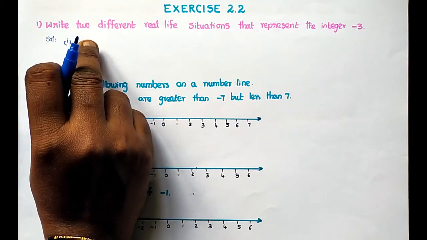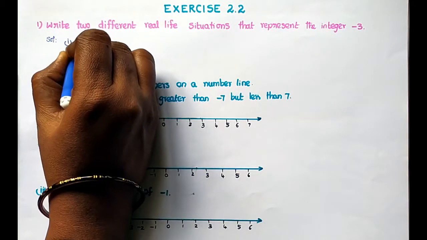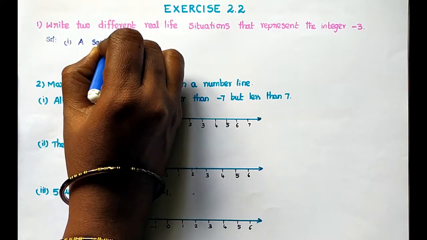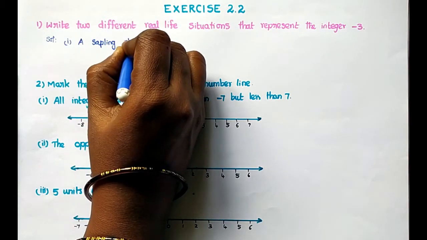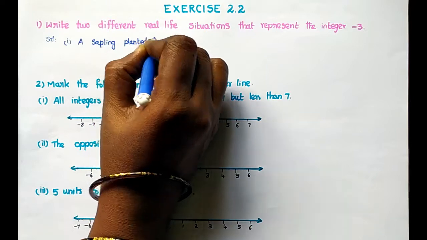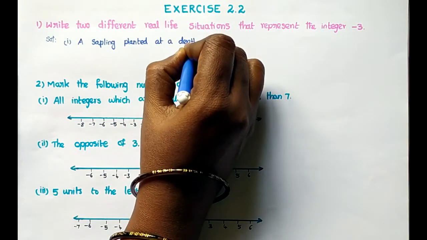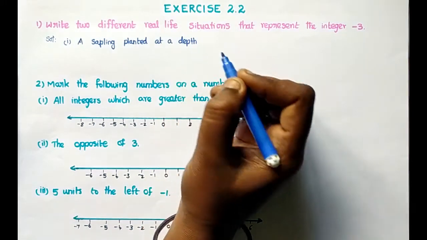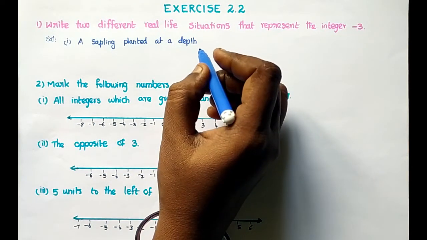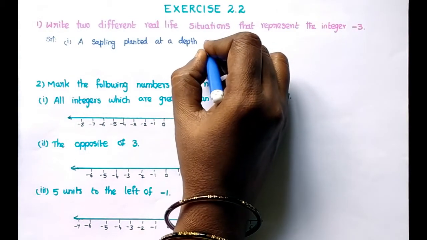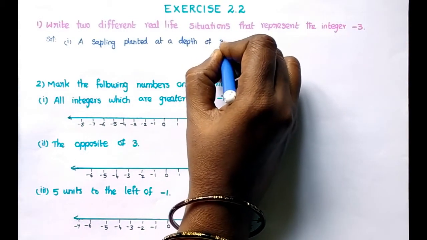So, the sapling planted at a depth. Depth means below the ground level. That is, we denote that the integers are negative. So, depth of 3 meter.